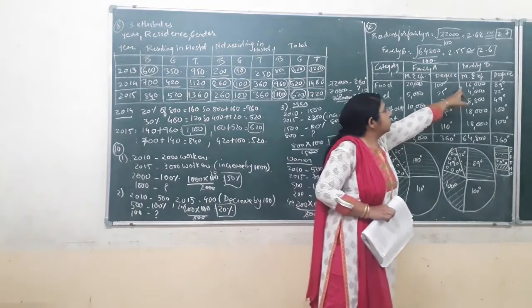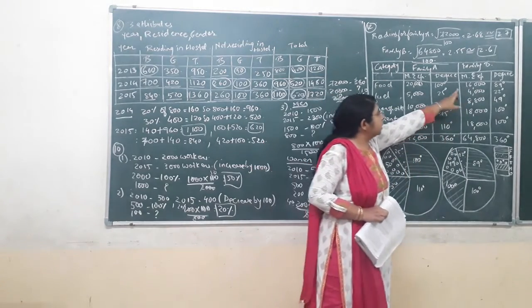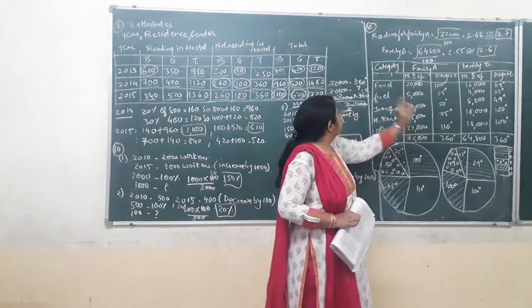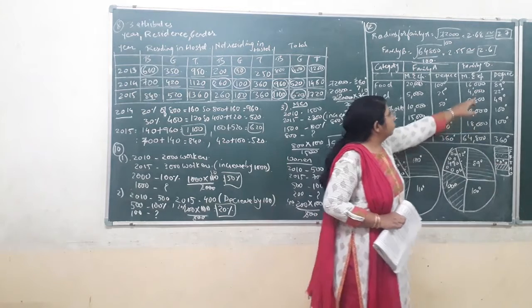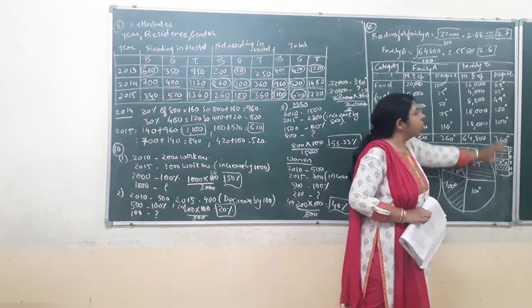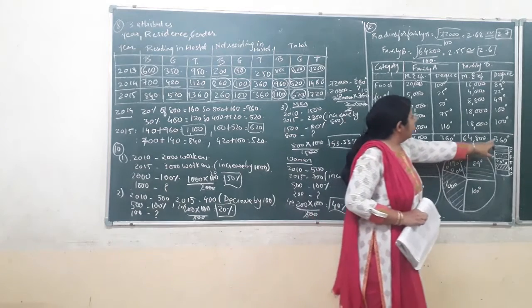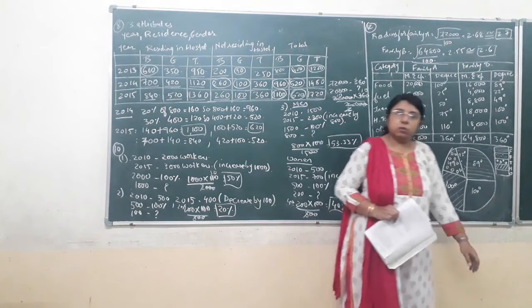If the expense is 16,000, then how much degree? The calculation would be 16,000 multiplied by 360 upon 64,800. So you will get 89 degree. In the same way, you have to find all the degrees. And here also you verify that the total should come to 360 degree.